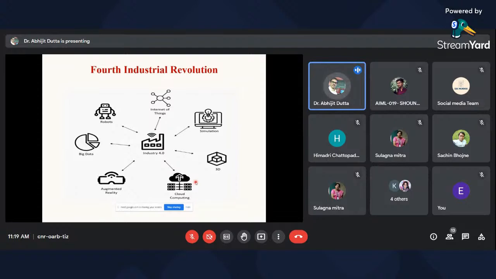So these are the things that is why the fourth industrial revolution has come up. Here it is the both way connectivity, you can see in the figure, that is the big data, robotic applications, Internet of Things, simulations, 3D modeling, cloud computing, and augmented reality.